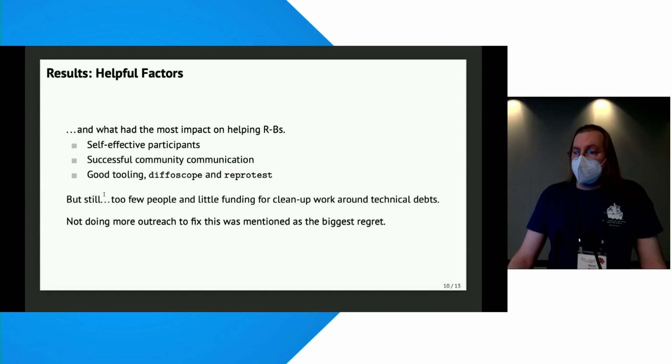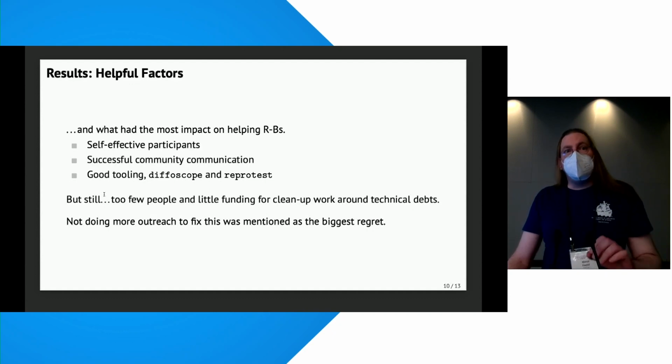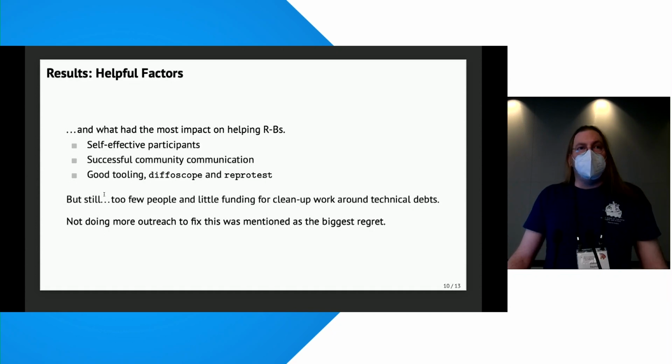And the most helpful factors were self-effective participants who did not need interaction to work on the problem. They could start themselves. They could build the whole CI. And good interaction between the developers and other projects, upstream projects, downstream projects, really helped. Also, a lot of patience.